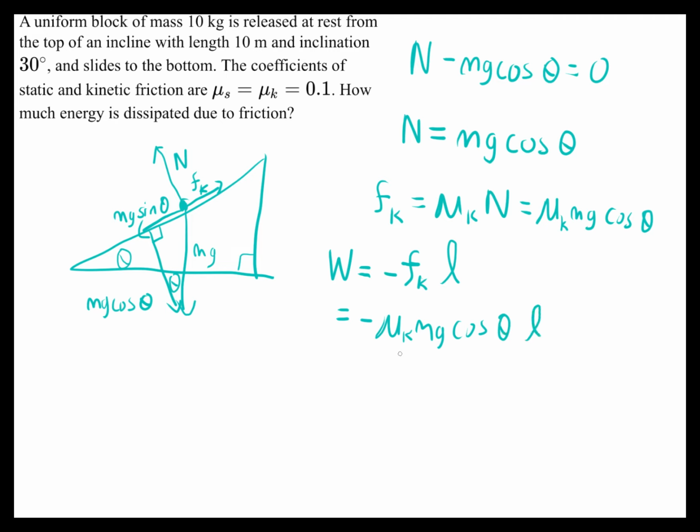And now we just plug everything in. The coefficient is 0.1. The mass is 10 kilograms. The gravitational acceleration is 9.8 meters per second squared, times the cosine of the angle, which is 30 degrees, times the length of the incline, which is also 10 meters.